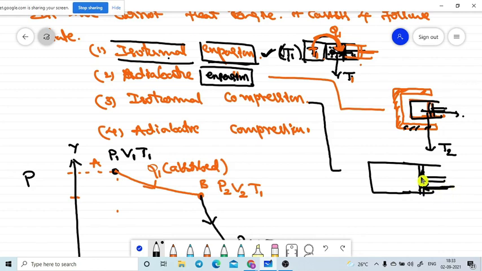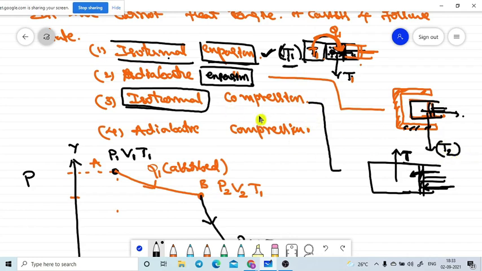If we are doing work, indirectly we are supplying heat energy to the system. So if we supply heat energy, definitely the temperature will rise in the system. But this process is the isothermal process, which means the temperature must be kept constant. In the previous case, what is the temperature? T2.